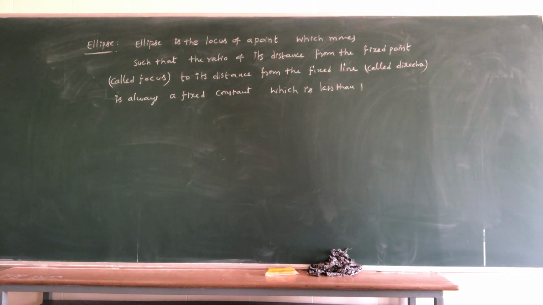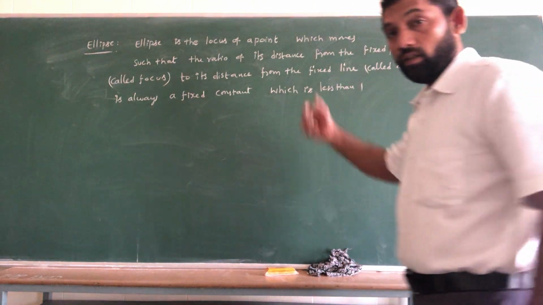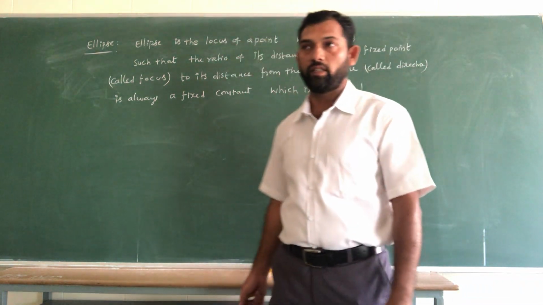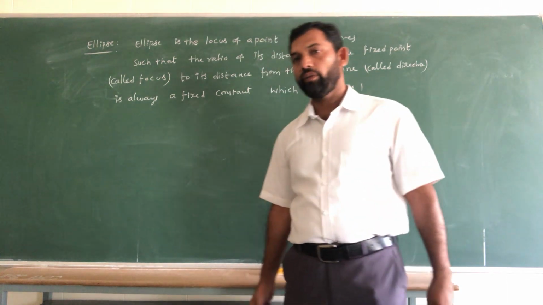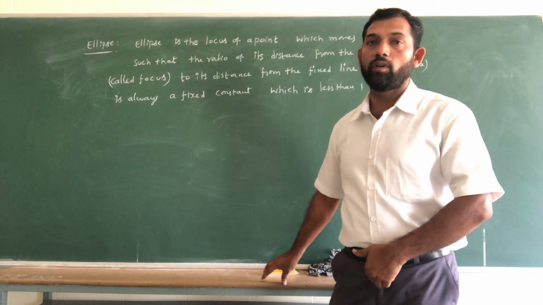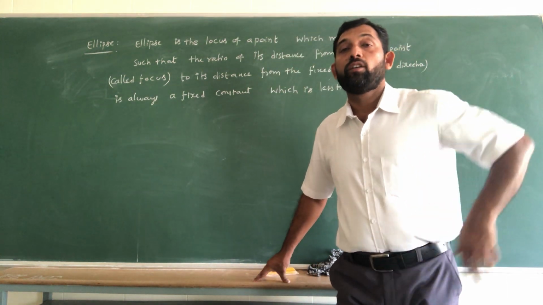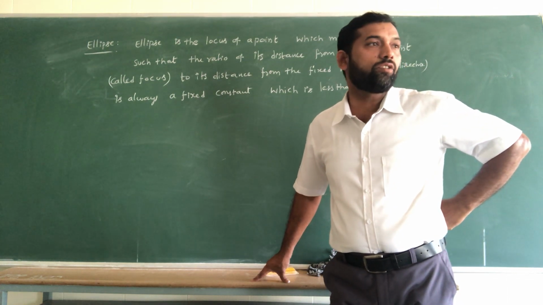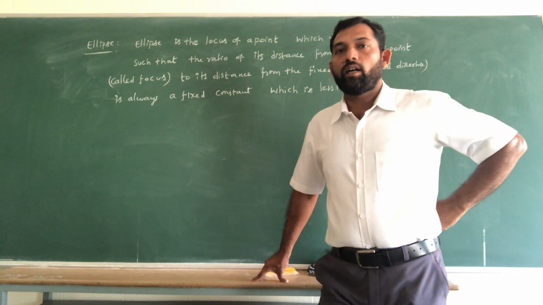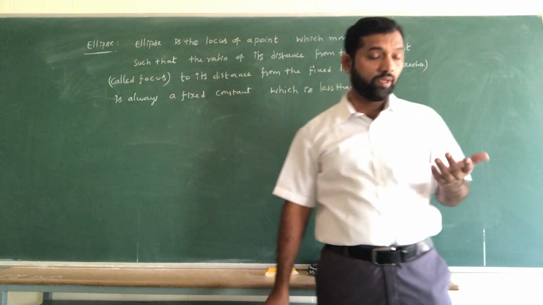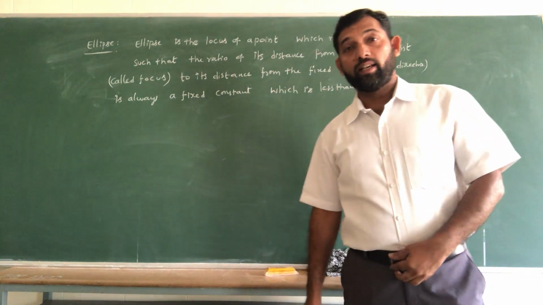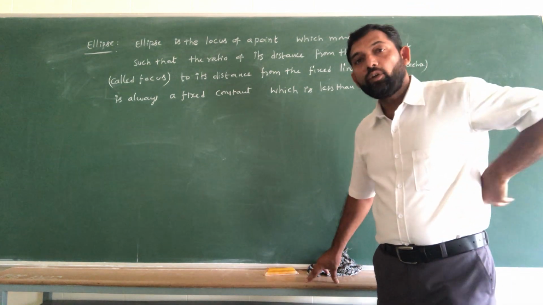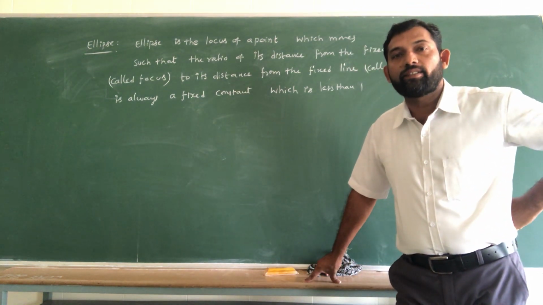I already told you while studying conic sections, for the definition given, E means what? E means SP by PM. That ratio is constant. That constant ratio you have to consider as E, the eccentricity.